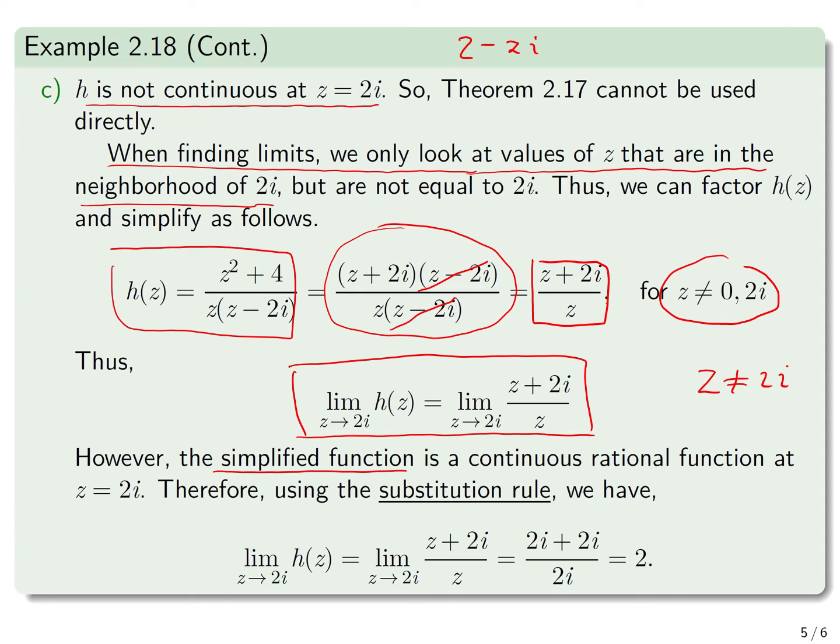For the simplified function, we know it is continuous, so you can use the continuity theorem or the substitution rule. You can get the answer, simplify, and get the value 2. So this is a shortcut that we can use with the continuity theorem, but you still need to make certain observations here.